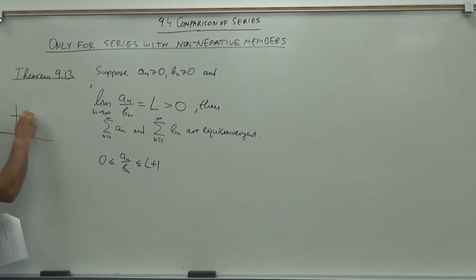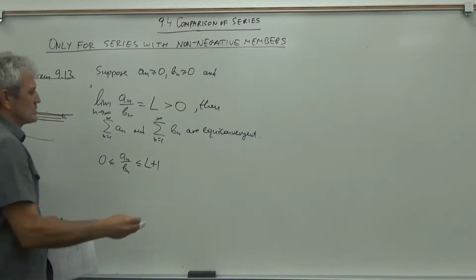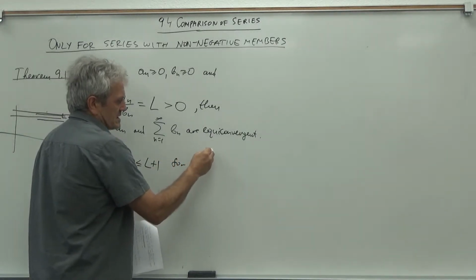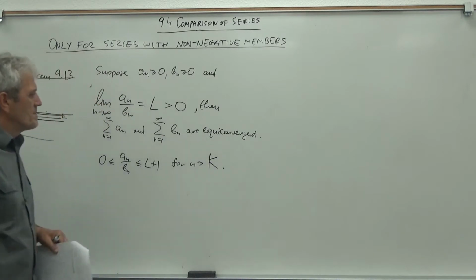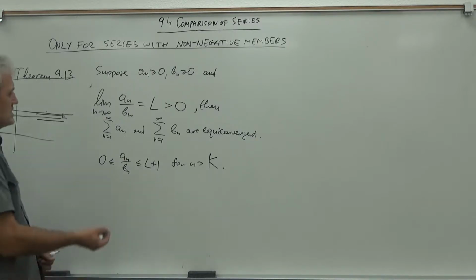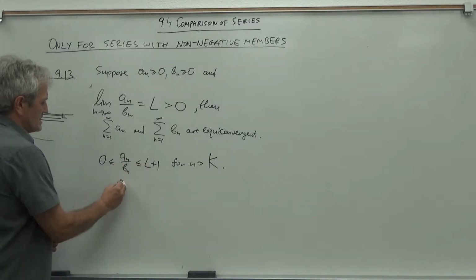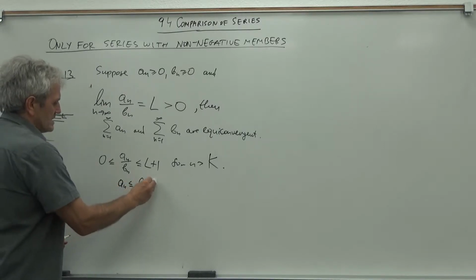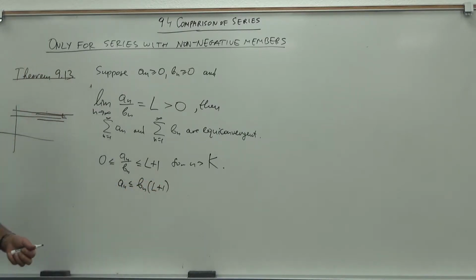Because if you are approaching the level L, after a while you might get close to L. So after a while you cannot be above L plus 1 for n greater than a certain number, let's say k. And all the tests are important after a while. And then what do we get? It's very easy, multiply by bn, we get an is less than or equal to bn times L plus 1.